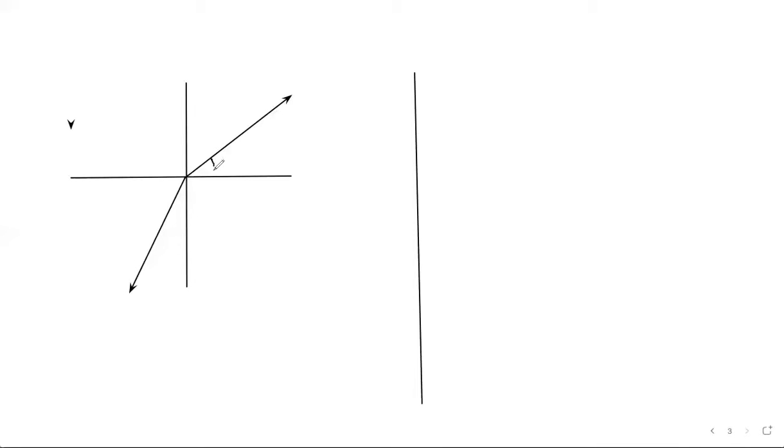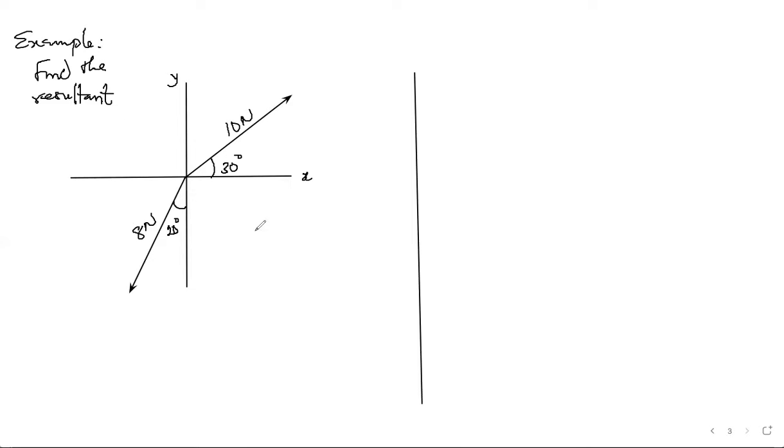So if this is, let's say this is 30 degrees, and this is 10 newtons, and this is 8 newtons, and this is 20 degrees. This is y, this is x. The question is, find the resultant. So we are looking for both magnitude and direction of the resultant. See, example.